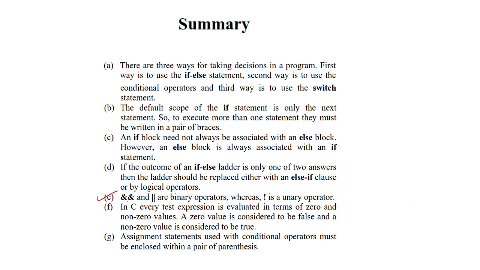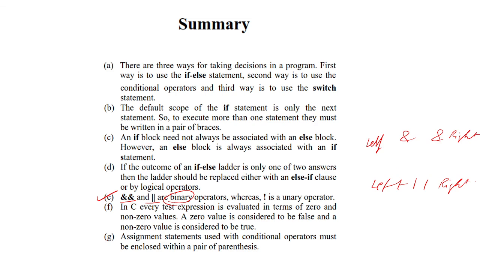Likewise, at the fifth point, the AND logical operator and OR operator are binary operators. Binary means it has some variable on the left side and some variable on the right side. Likewise, the AND operator has left side and right side variables.